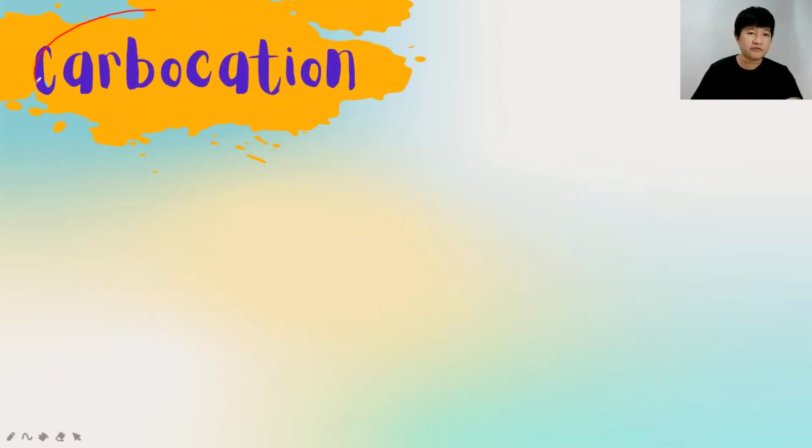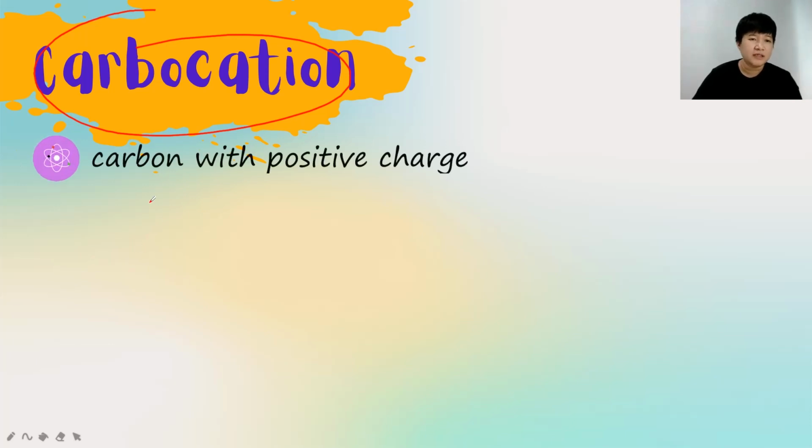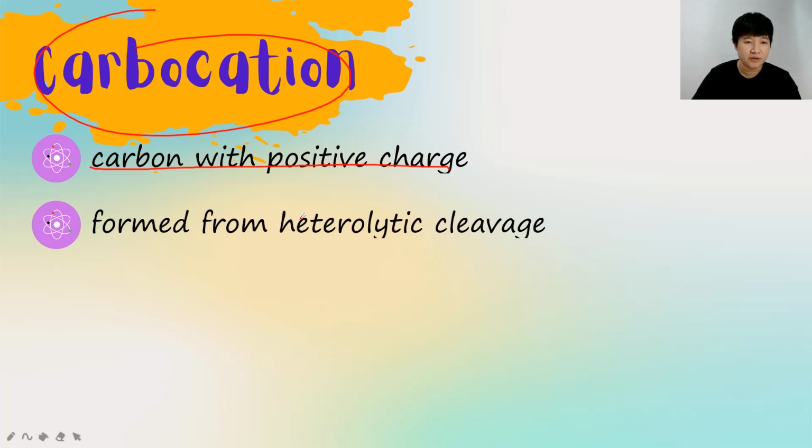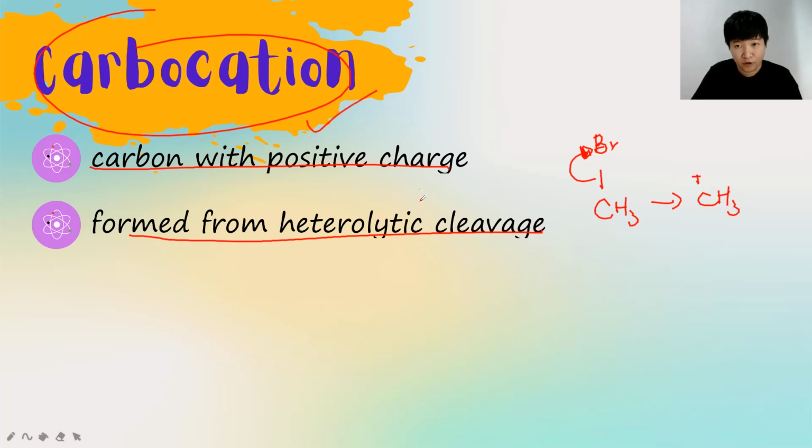So next, we move to carbocation. What is actually a carbocation? Simple. It's actually a carbon with positive charge. Very simple. It will normally form from heterolytic cleavage, like just now when I showed you CH3 and Br. When the Br took both of the electrons, your CH3 will become a positively charged carbon that we call a carbocation.